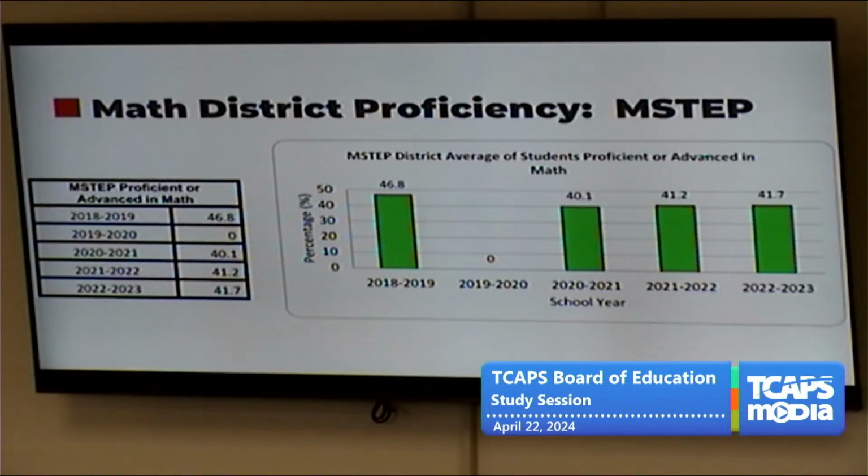And then the last school year, 41.7% of our students proficient on MSTEP math. I think of note is NWEA is a K-5 assessment, whereas MSTEP is a 3rd through 5th grade assessment. So sometimes those percentages aren't going to align perfectly because the sample sizes are different. We've got K-5 for NWEA and 3-5 for the MSTEP.